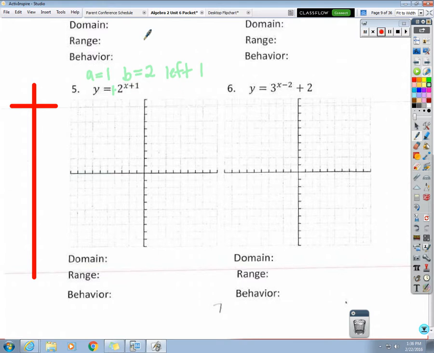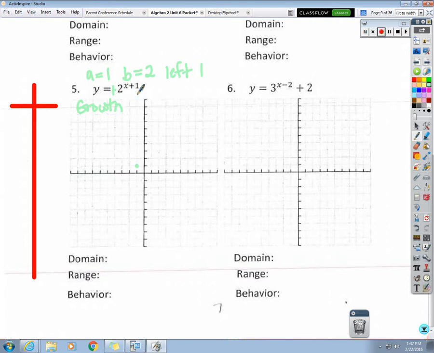Okay, now, so if your a is 1, then originally, before any shifts occurred, your y-intercept was at 1. But where does that point move now that there's been a shift? Left 1, which will cause a different y-intercept also. Okay, now, is it going to be a growth or a decay? A growth, because your b value is greater than 1.